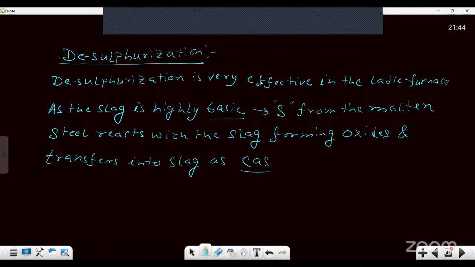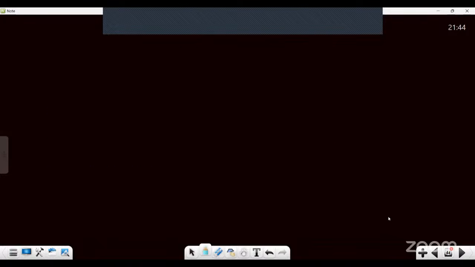Now we can see that, obviously in the ladle we can deal with this high amount of sulfur. So in the secondary steel making process this can be done, but sulfur is not the only problem. There are some other problems also that we need to understand. What are the other problems?